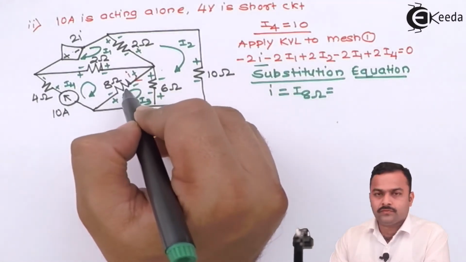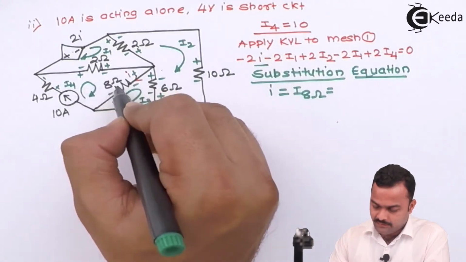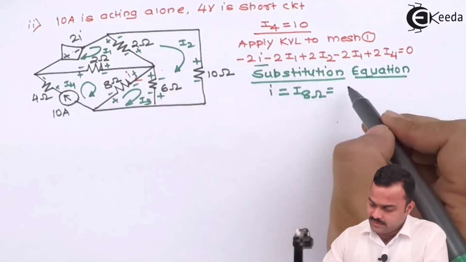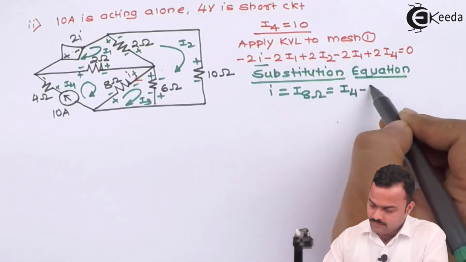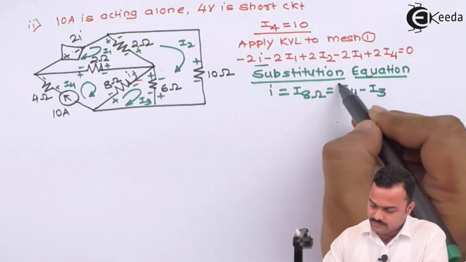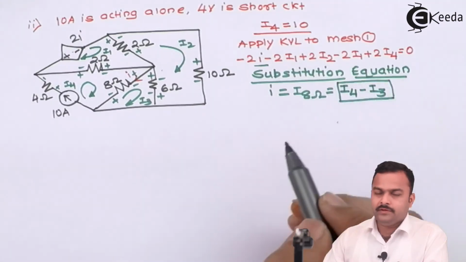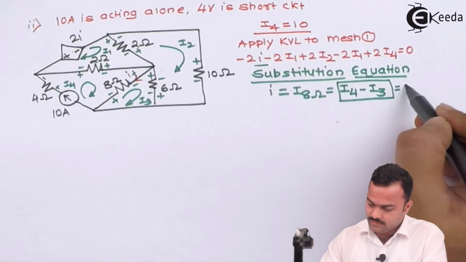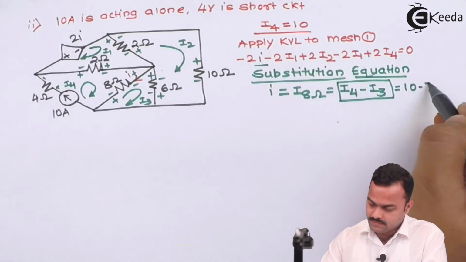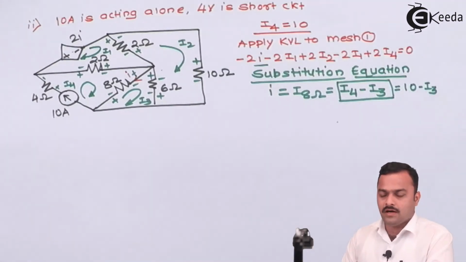So there is a subtraction of two currents and the current direction given by them is matching with the I4. Hence I4 is greater. So I can say this is I4 minus I3. So it's very important. And we know I4 is 10. So we can further reduce it to 10 minus I3 as the substitution equation for small I.